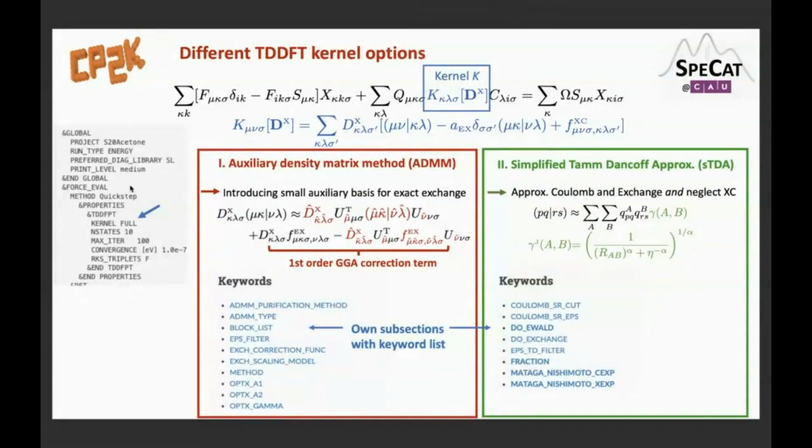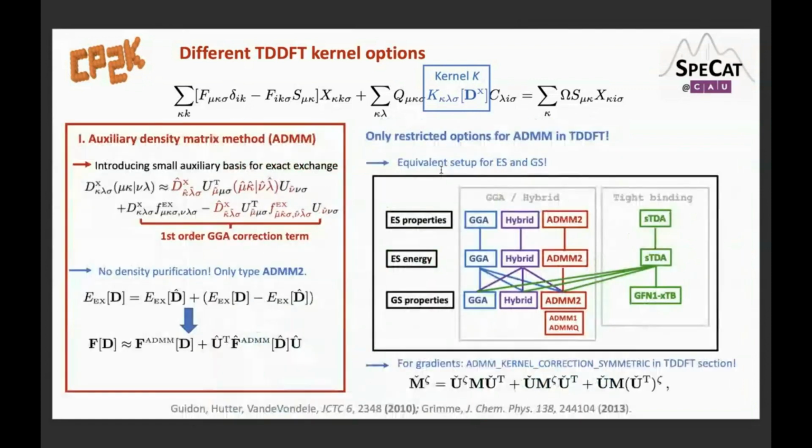And when using such a conventional full kernel with a hybrid density functional, you should always rely on this auxiliary density matrix method that Matt also already introduced. But we also have quite a nice second option, and this is to not rely on conventional density functional theory, but to use semi-empirics. And I will shortly discuss the settings for these two options.